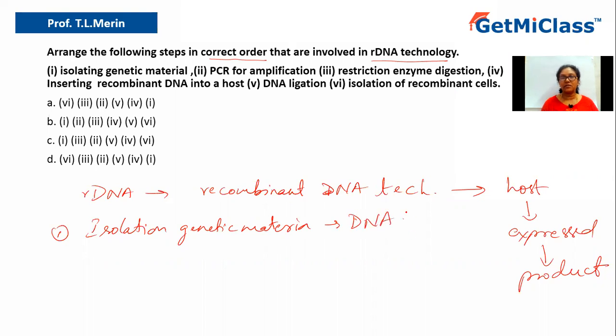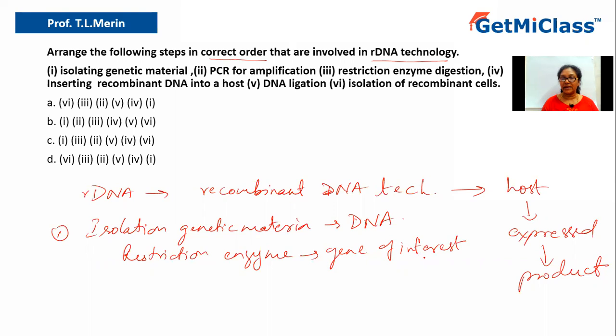And further, we have to treat this genetic material with restriction enzyme. There are two things involved here. One, restriction enzyme is necessary to isolate the gene of interest. It will cleave at specific sites, which are called restriction sites, and you will get your gene of interest.